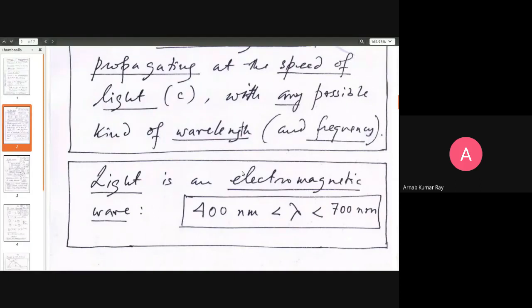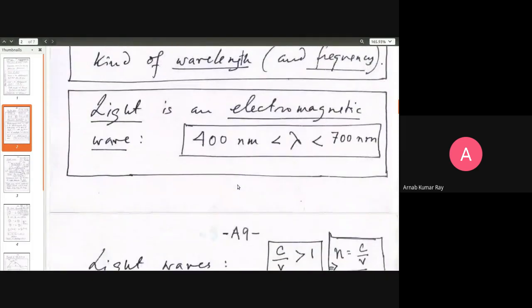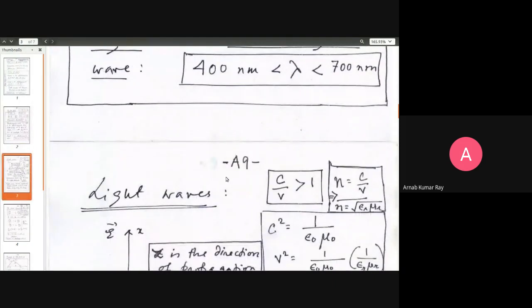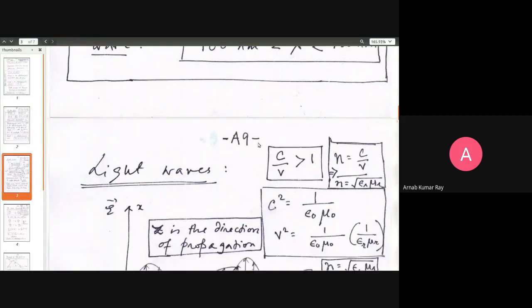Visible light, the kind of electromagnetic radiation under which we see the world around us, ranges from 400 nanometers to 700 nanometers, or equivalently 4,000 angstrom to 7,000 angstrom. So 10 nanometers make an angstrom. No, I'm sorry, it's the other way around. I think 10 angstroms make a nanometer. Right.